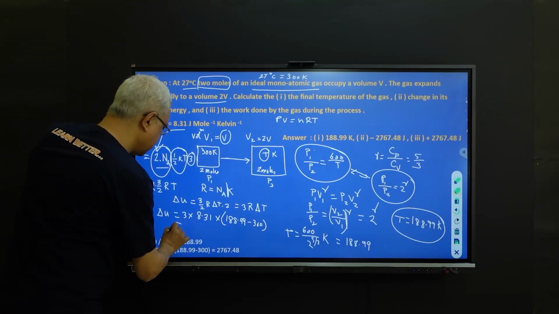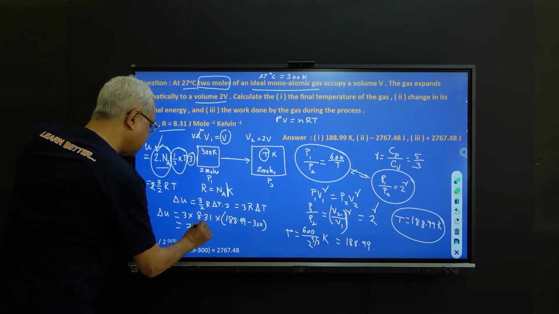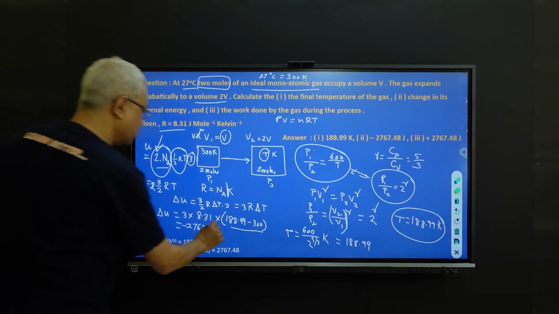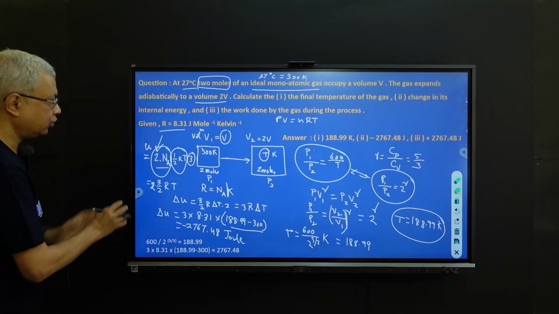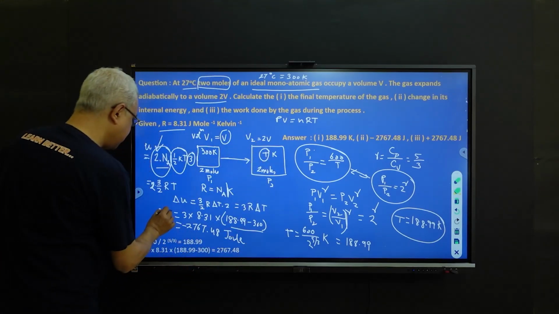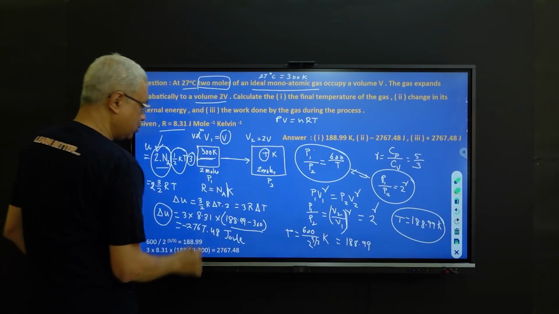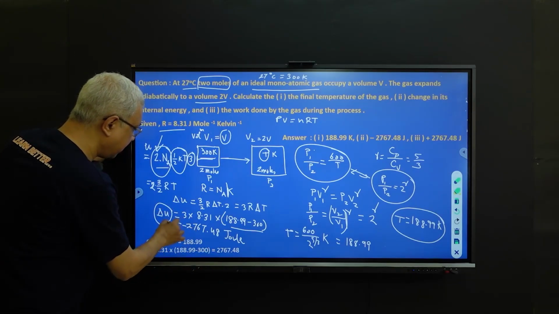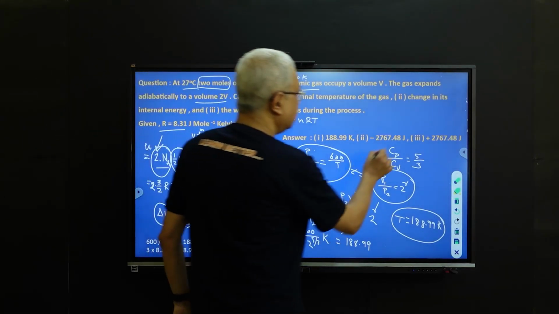If you calculate this quantity, it will come out as 2767.48, but there will be a negative sign because this quantity is negative. So that much joule. Though the volume is expanding, the change in internal energy, because the temperature has decreased from 300 Kelvin to 188.99 Kelvin, is a negative quantity, which is negative 2767.48 joule.